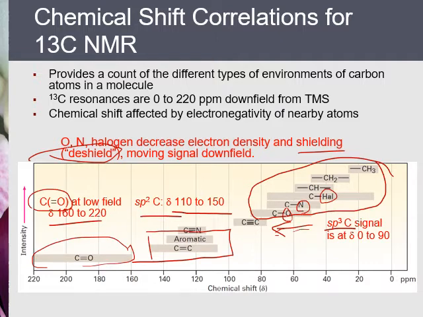So the signal is most downfield in the spectrum. It is very important that you remember the trend of these carbon atoms in order to interpret carbon-13 NMR.